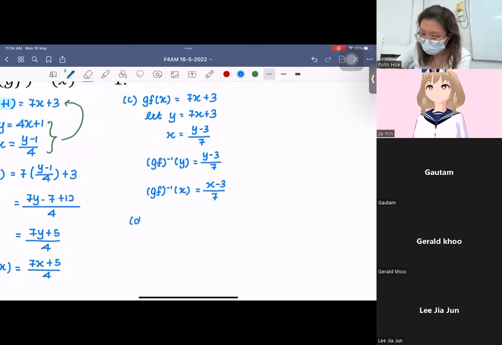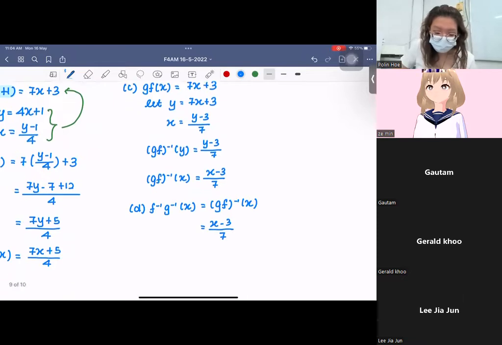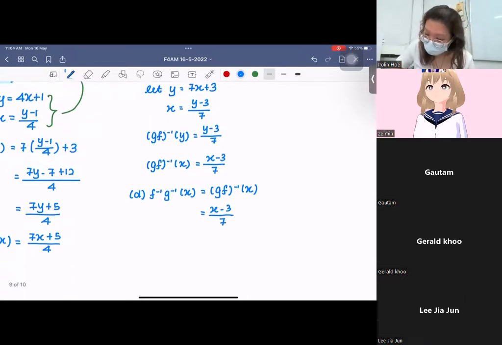But f inverse g inverse x is actually equal to (gf) inverse x, so the answer shall be the same. And lastly, find the value of x when (gf) inverse blah, blah, blah, which means this one is equal to minus 1. So your x is equal to minus 4.